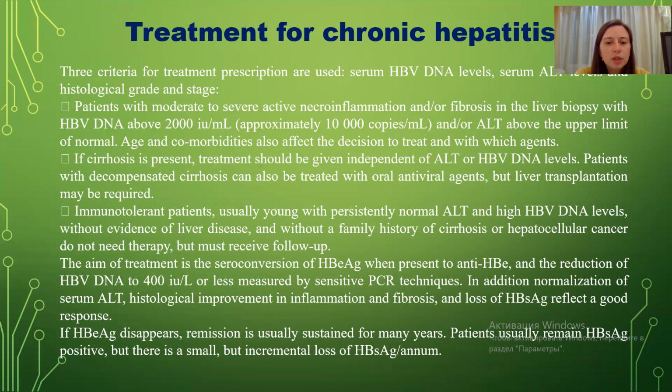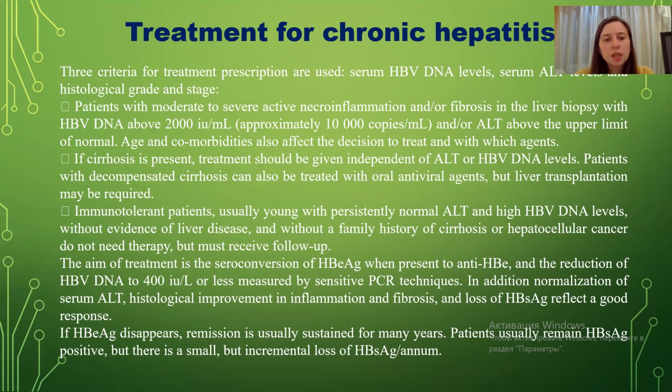The aim of treatment is seroconversion of HBe antigen to anti-HBe and the reduction of HBV DNA to 400 international units per liter or less, measured by sensitive PCR techniques.